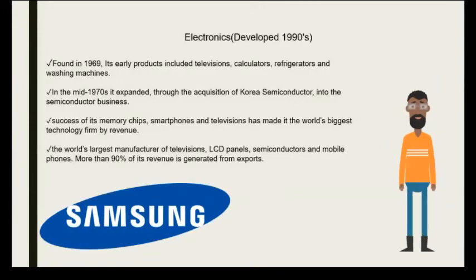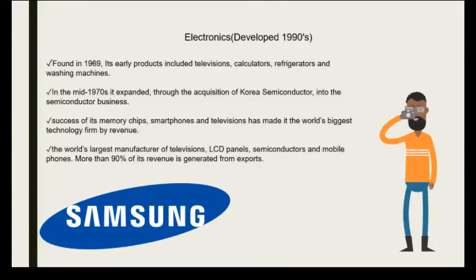So here's Samsung. Electronics developed in the 1990s. Founded in 1969, its early products included televisions, calculators, refrigerators, and washing machines. In the middle of the 1970s, it expanded into the semiconductor business through the acquisition of Korea Semiconductors.